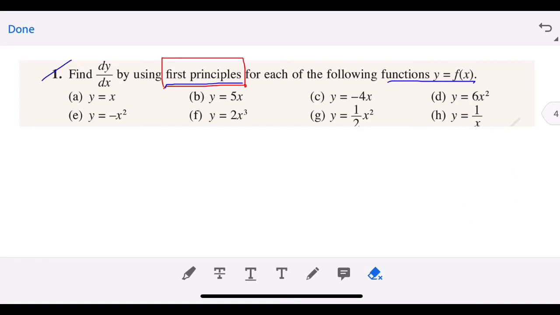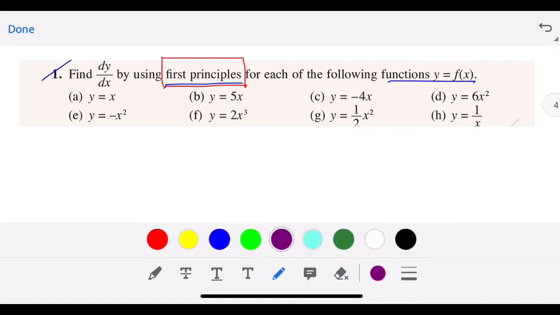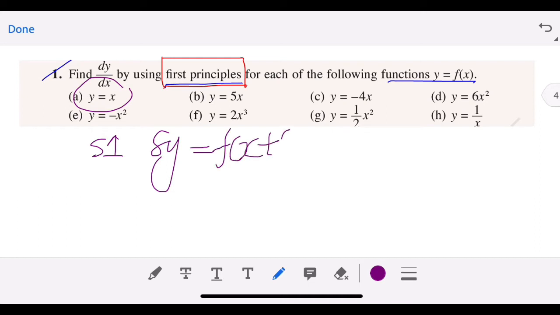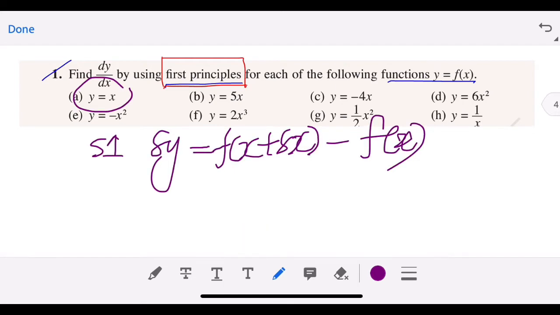Now I'm going to discuss number 1. We are going to find the dy dx, so we have to follow the steps. Step 1 is you have to find the delta y. To find your delta y, this is the function, you have to substitute x plus delta x, and still remember the formula, minus fx. Please write down the formula if you've forgotten it.